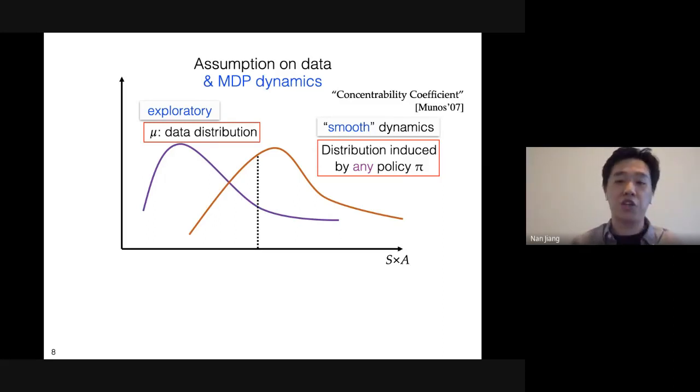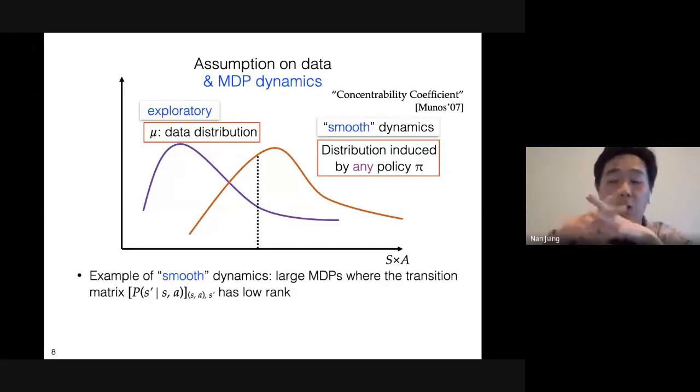So if those distributions differ too much from each other, basically what the lower bound says is that there's no single data distribution that can well cover all of them. So the low concentrability coefficient is also saying something about the net dynamics, which I'm informally referring to as like smooth dynamics here. But here, smooth is a very big word. It should not be interpreted as related to like Lipschitz smoothness or anything like that.